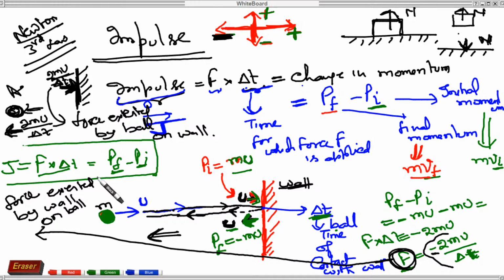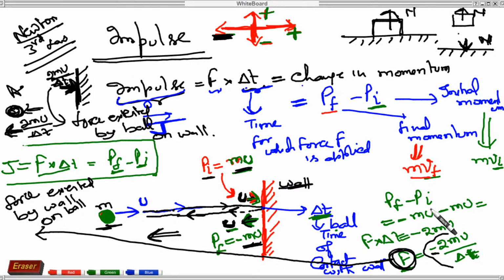I'm repeating the thing again: this ball strikes the wall with a velocity u and bounces back with the same velocity u. So the initial momentum before collision was mu, and the final momentum, as we are considering the minus sign here, the velocity direction is this direction, so we wrote it minus mu.